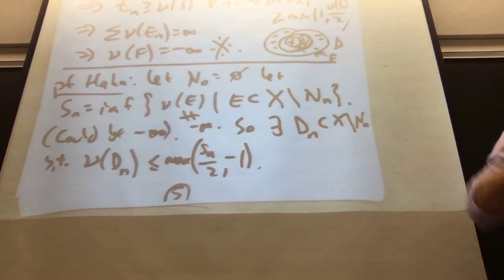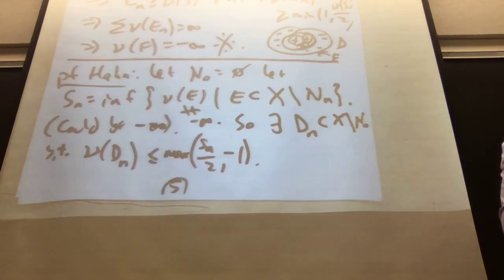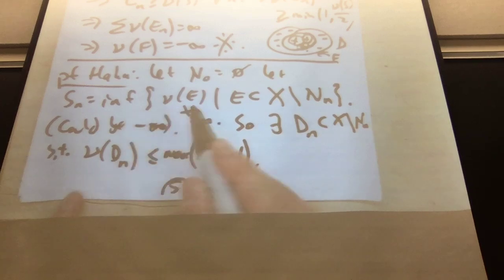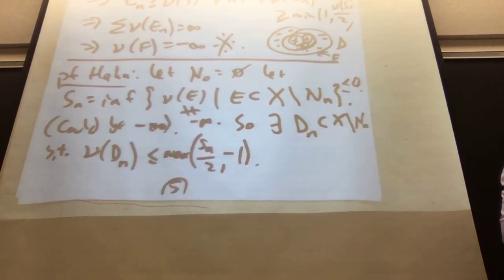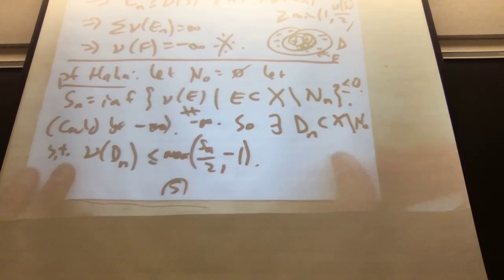So we're just running the same argument from the other side. By the way, this number, because the empty set is here, is definitely a non-positive number. All right, so this is just the same argument.